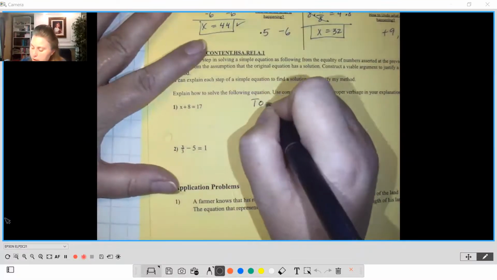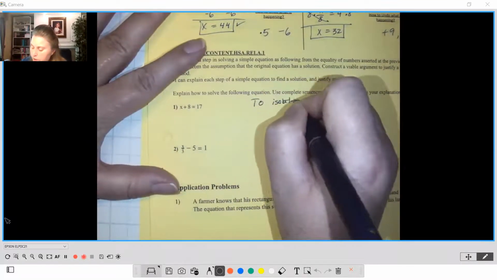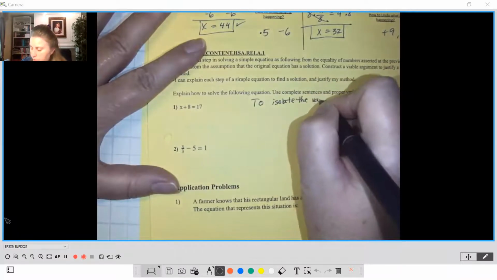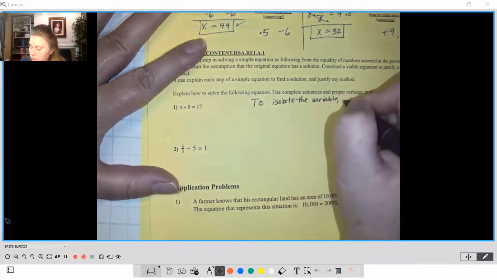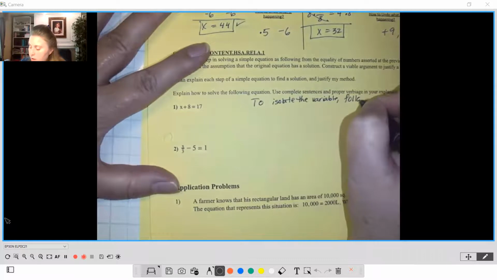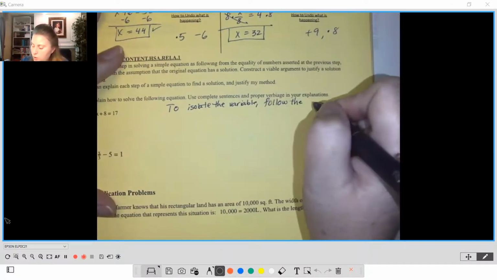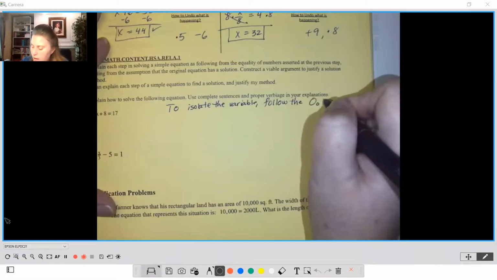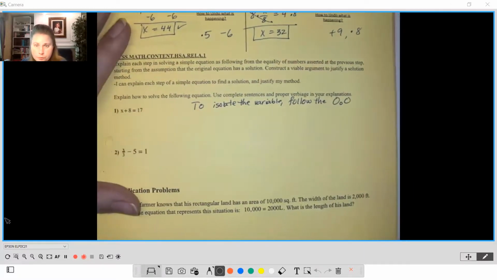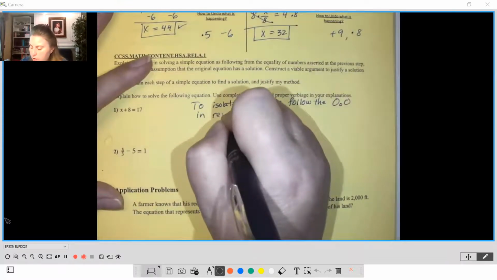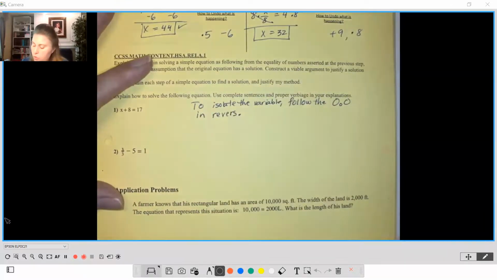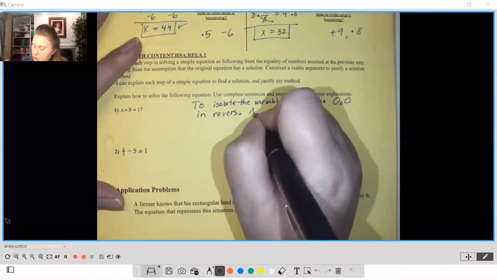To isolate the variable, follow the order of operations. And then I just abbreviate it. You're welcome to abbreviate it, order of operations. Follow the order of operations in reverse. So really what we're doing is add 8 to each side.